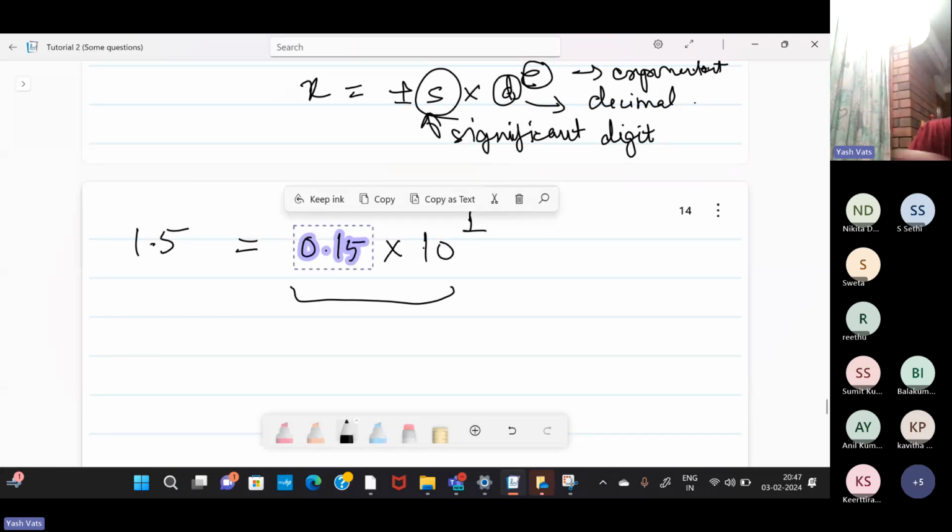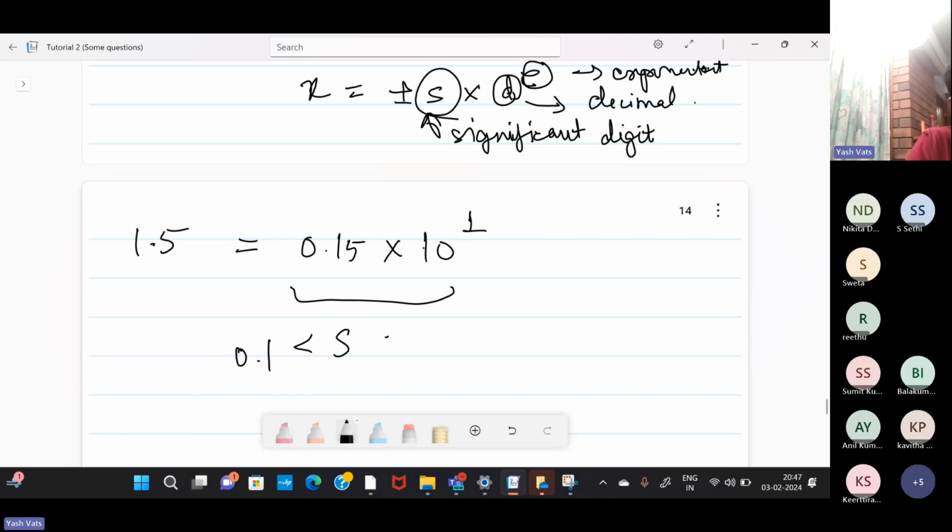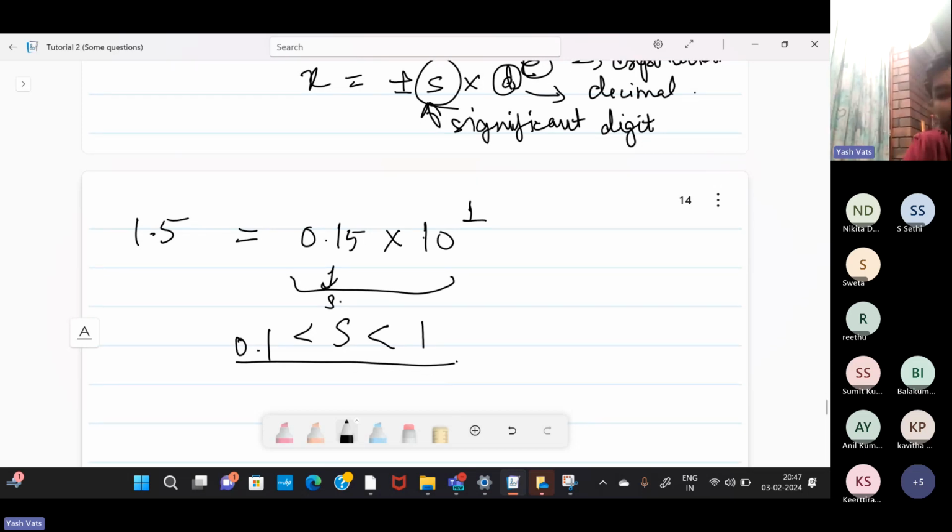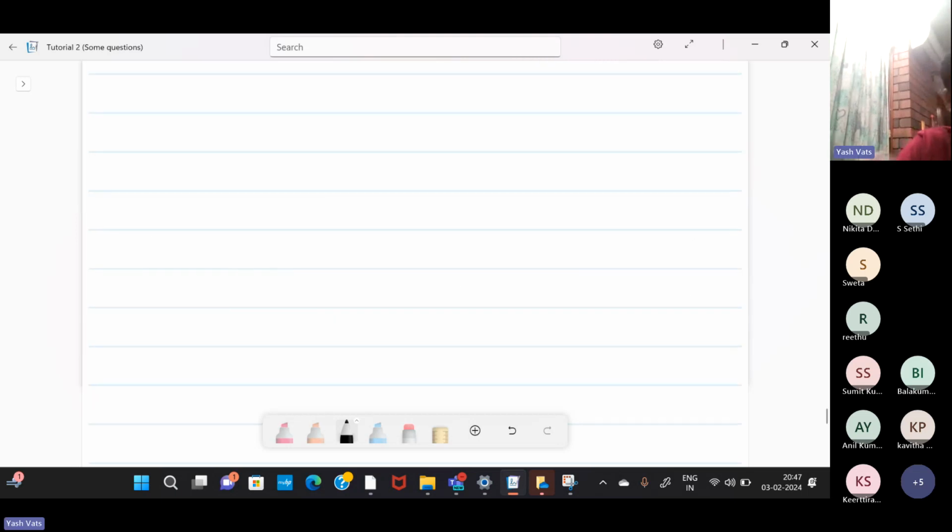It is a normalized form because s is between 0.1 and 1. So it is converted into the normalized form. Just look at them.